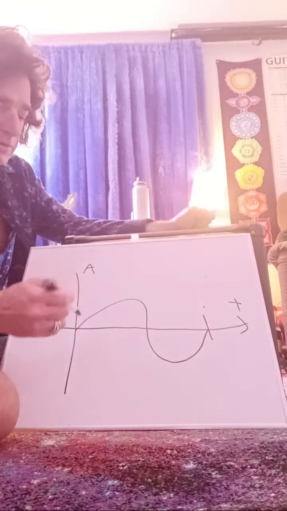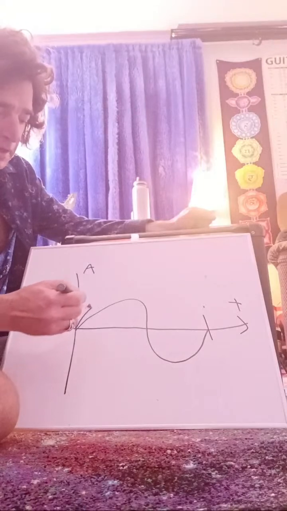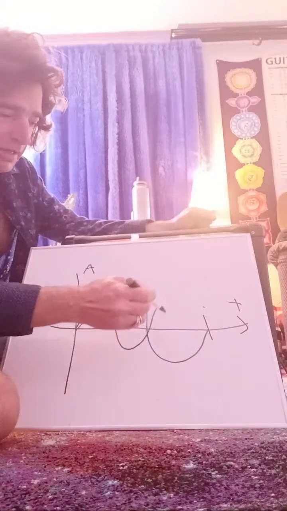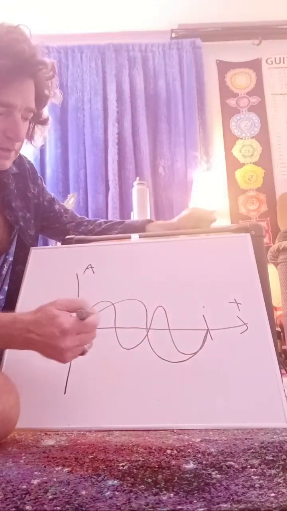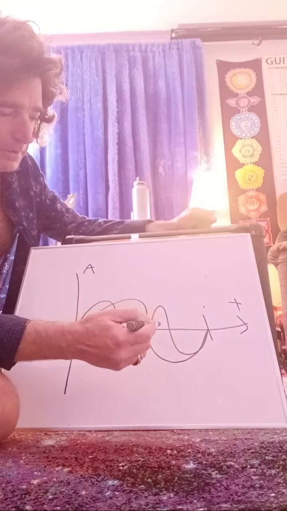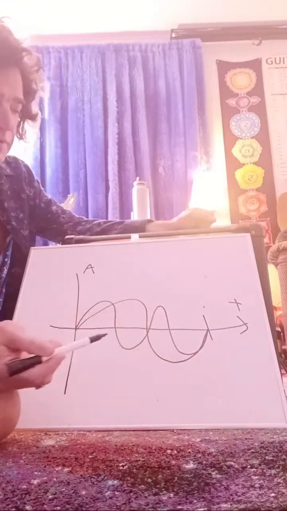So let's say the frequency goes up, which means the period is going to go down. So I'm going to make it go like this, that wave. And that wave has half the period of the first wave, but twice the frequency.